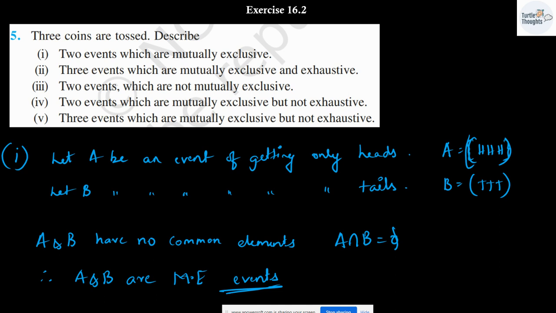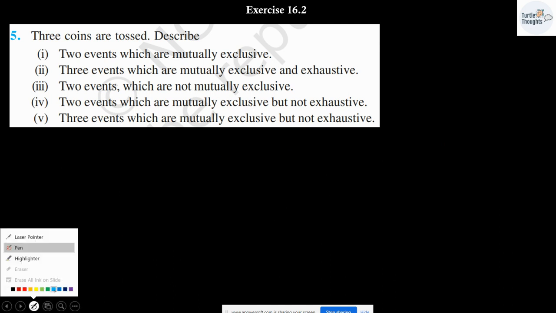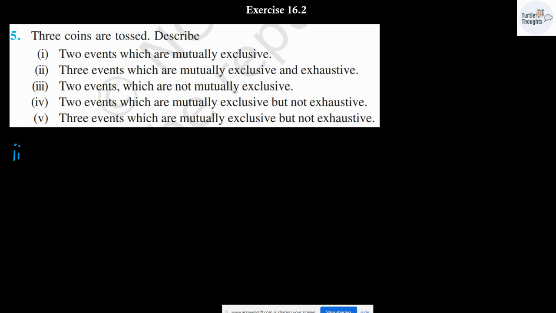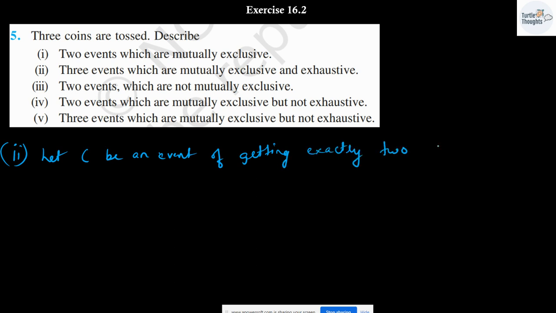Next, three events which are mutually exclusive and exhaustive. Let me consider another event over here for the second one. Let C be an event of getting exactly two tails.